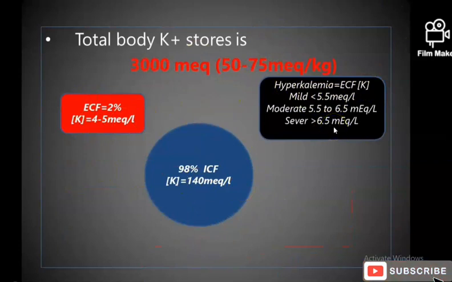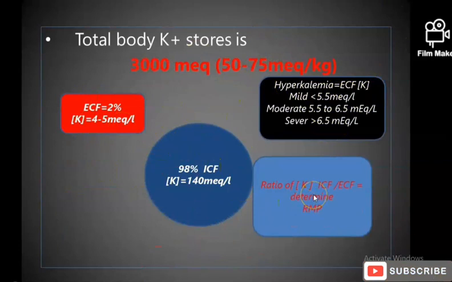But hyperkalemia depends on the concentration of potassium in the extracellular fluid, not in the intracellular fluid. So anything that increases the movement of potassium from the intracellular fluid to the extracellular fluid can lead to hyperkalemia.